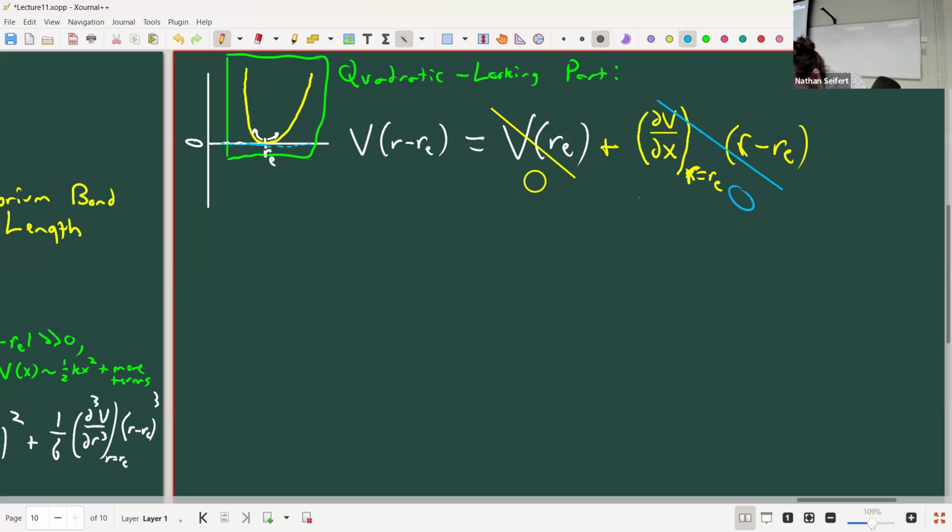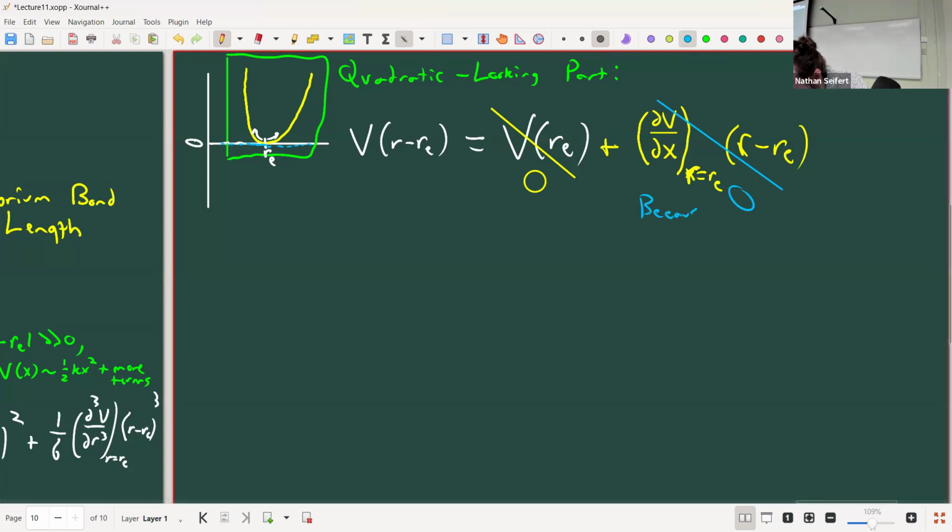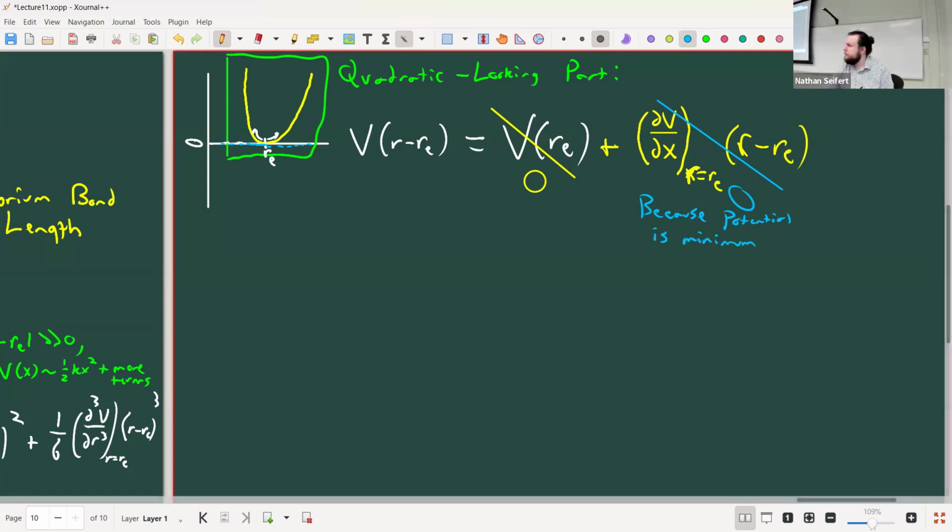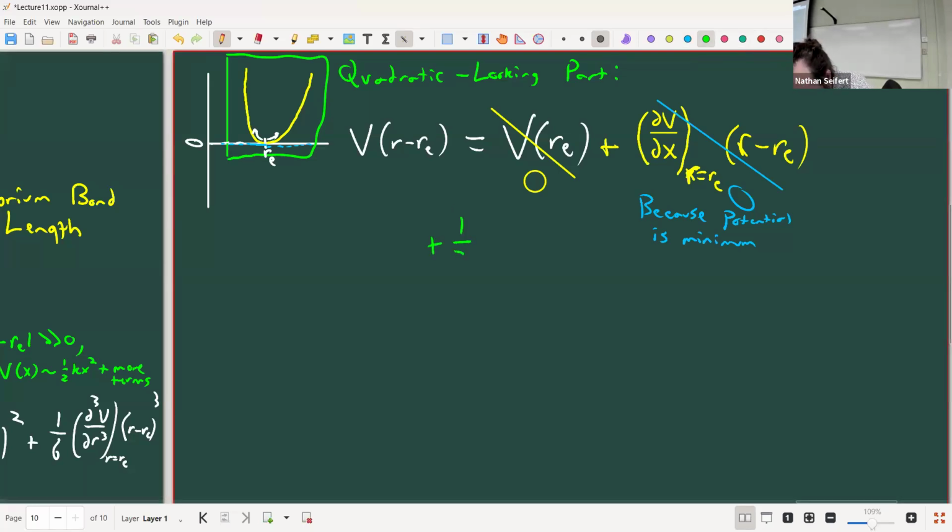So this is 0 because the potential is at a minimum. The first derivative of a minimum is 0. It's flat there. So that term goes away too, so we don't have to worry about it. The first non-zero term is the second derivative term.